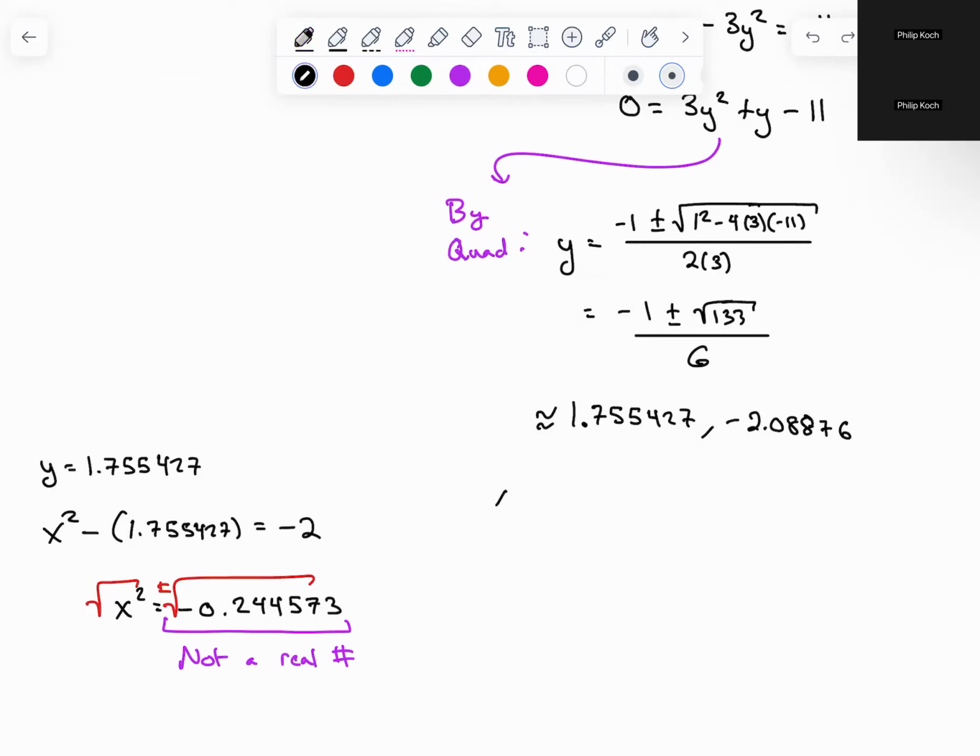y equals negative 2.08876. Could you round it up to make it better? I mean, you can, but if this were to give us a solution, and it won't, I'll spoil the fun, we want to write as many decimals as we could so that we get the most accurate number.